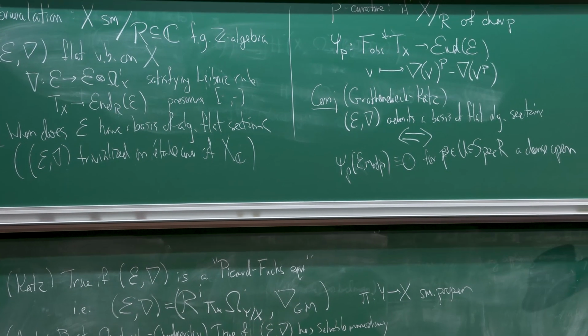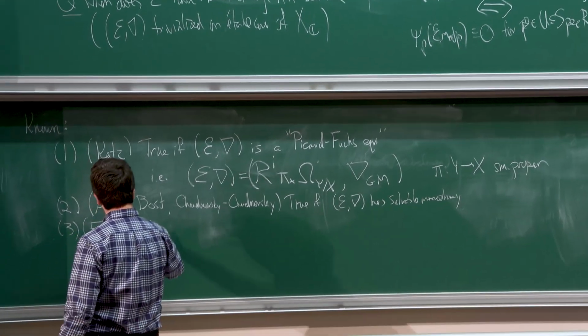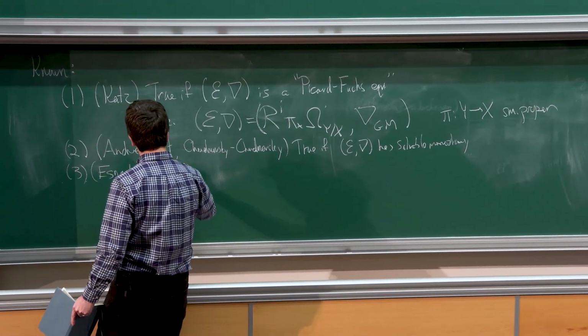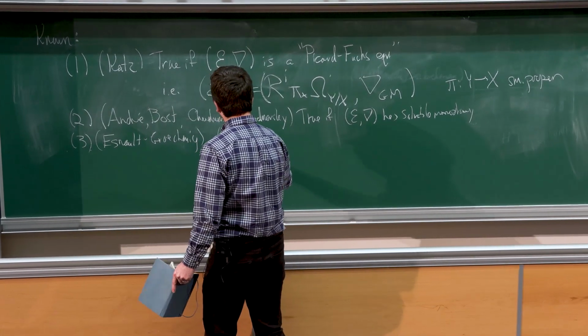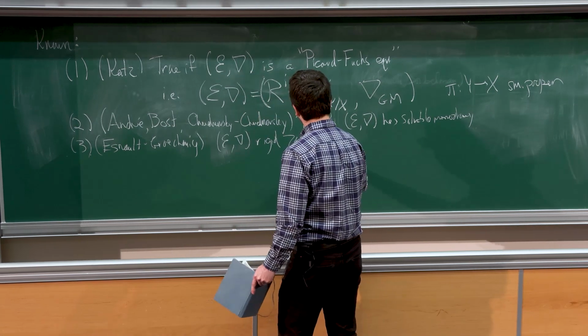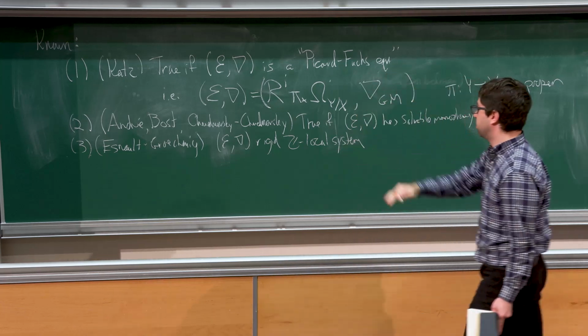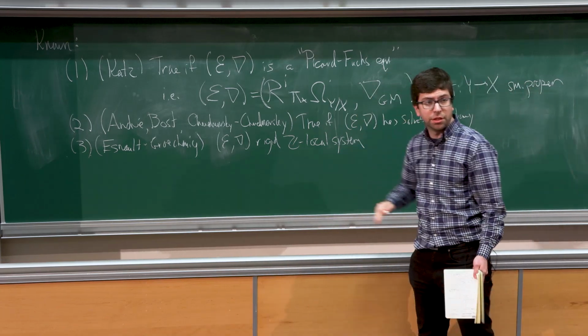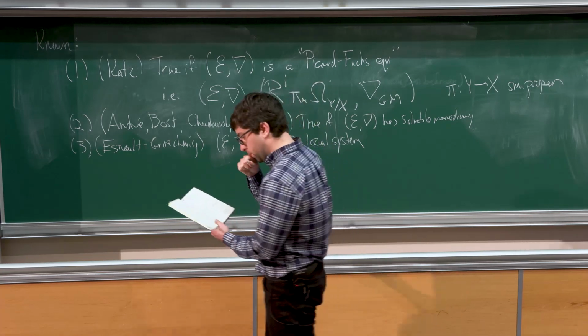Third, this very recent beautiful work of Esnault-Groechenig, which resolves the conjecture when (E, ∇) is a rigid Z local system. So a rigid local system where the monodromy has an underlying Z structure. It's conjugate to a representation into GL_N(Z).